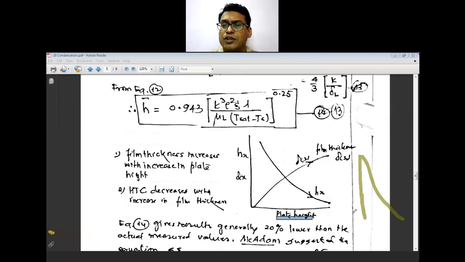And the film thickness, this is the plate height. We will rotate this then. So this is the plate height, and at this distance dx, the film thickness increases.